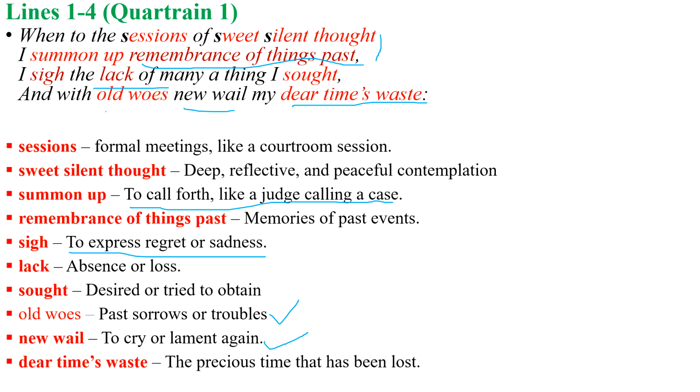So dear time's waste is the precious time that has been lost, or the precious time that has been misused. So the poet laments over his past actions, and he mourns the loss of valuable time.